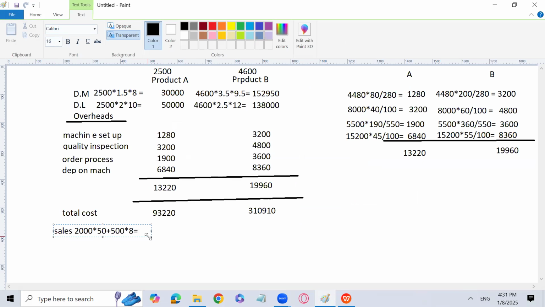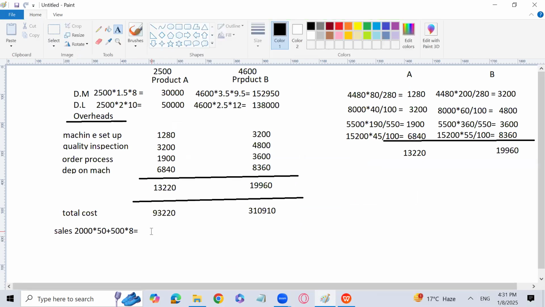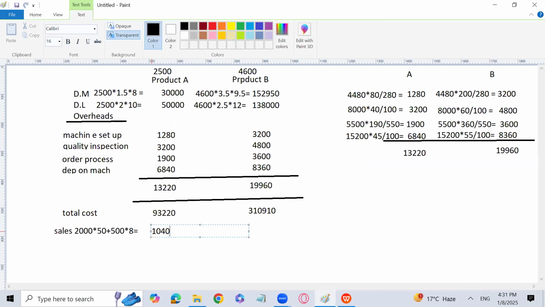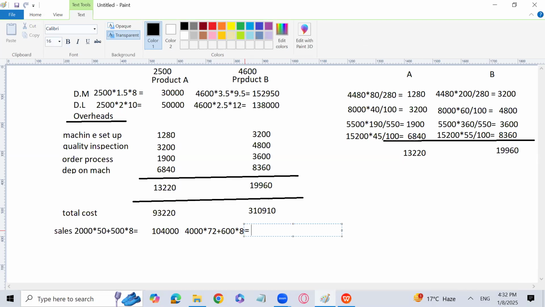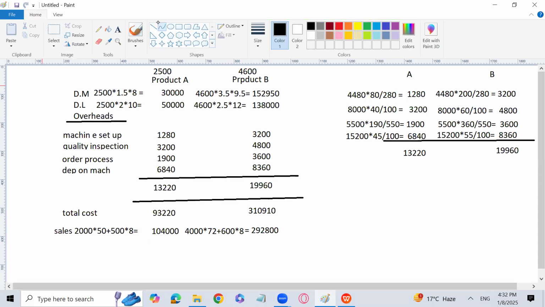So the sales will be 104,000. And for 4,000 units of product B, we have a selling price of 72, plus for 600 we have a selling price of 8. That is going to be 292,800.